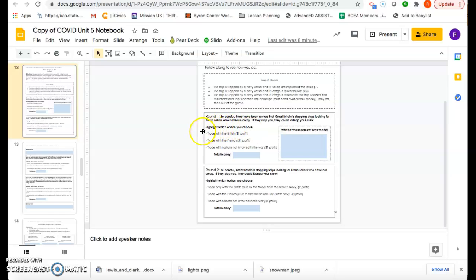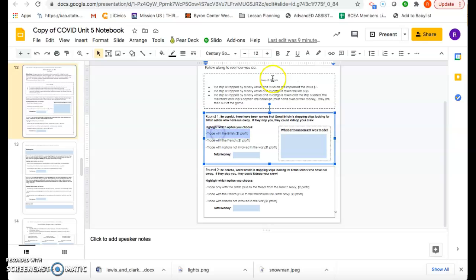You can either choose to trade with the British for a $1 profit, trade with the French for a $1 profit, or trade with nations not involved in the war for a $1 profit. Either way, you're going to have a $1 profit. Right now, decide which one you want to trade with, and you can highlight whichever one you are choosing.